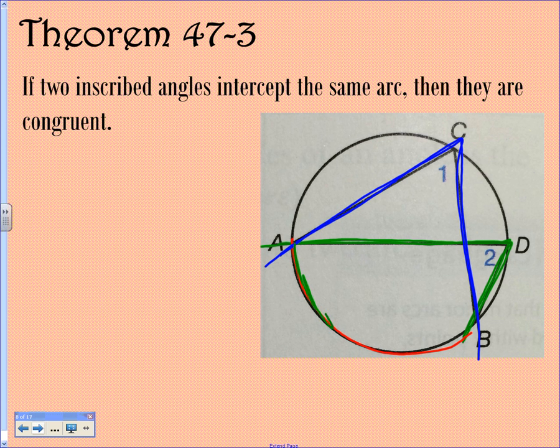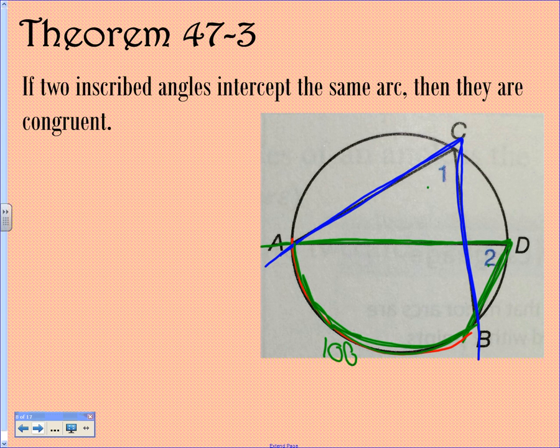Also this one, right? They have the same intercepted arc, right? So what do we know about these 2 angles? They have to be the same. Because they're both half of, let's say 100. So this is 50 and that one's 50. Do you see how that works?